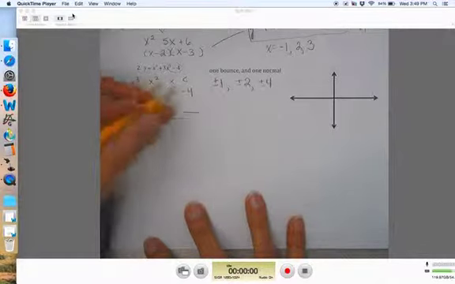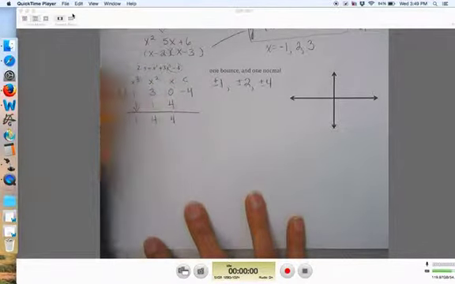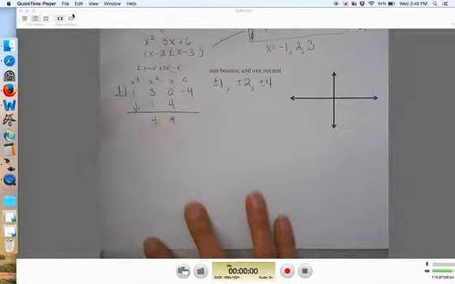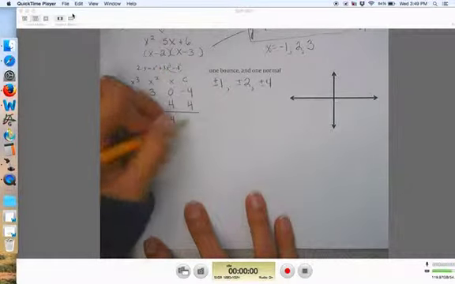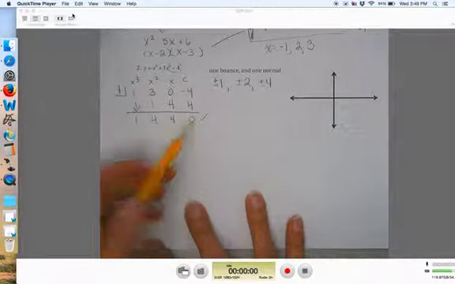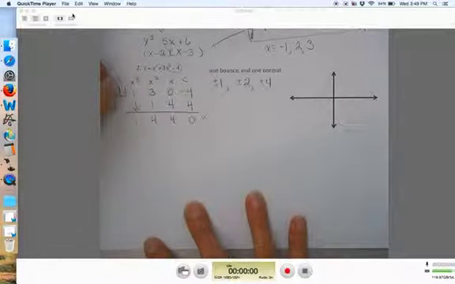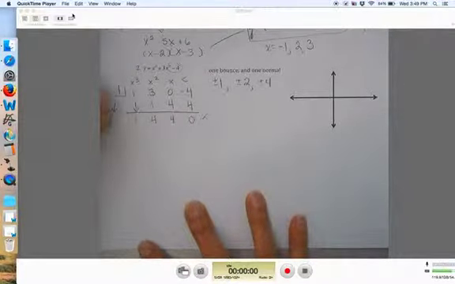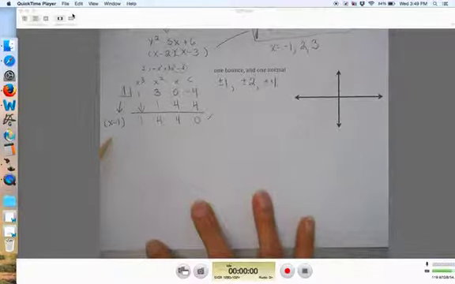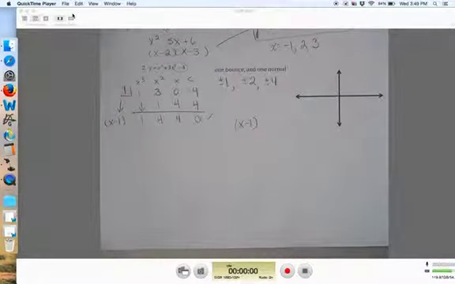Multiply. 1 times 4 is 4. Add. 0 plus 4 is 4. Multiply. 1 times 4 is 4. Add. -4 plus 4 is 0. Since we get a 0, that means this 1 is one of the x-intercepts. And a factor that would give us 1 as an x-intercept is x minus 1. So one of our factors is x minus 1.